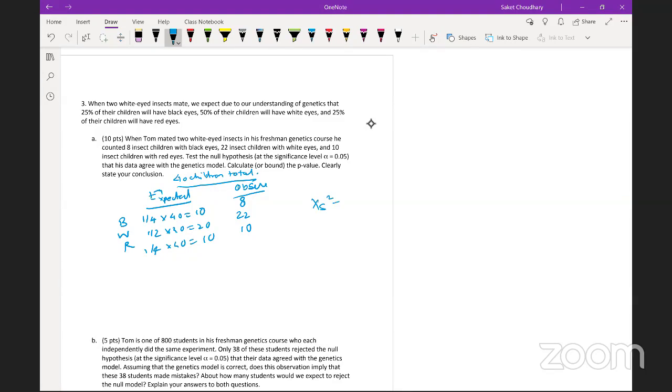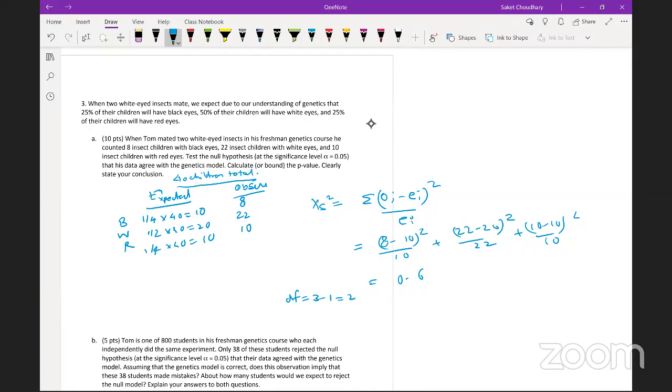So the choice of association will be your chi-square statistic. Okay, and let me write this down. If you put in the values here, this is a very simple number to calculate. This value comes around to be 0.6. Okay. So the degrees of freedom that we have is 3 minus 1, which is 2.